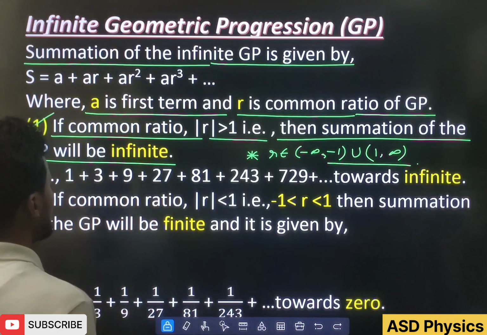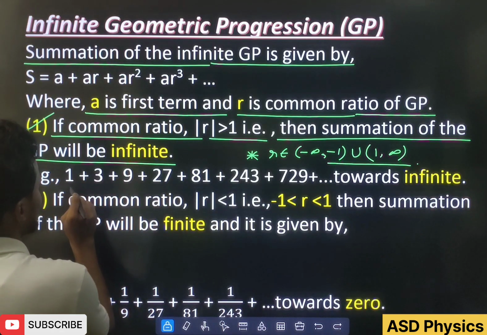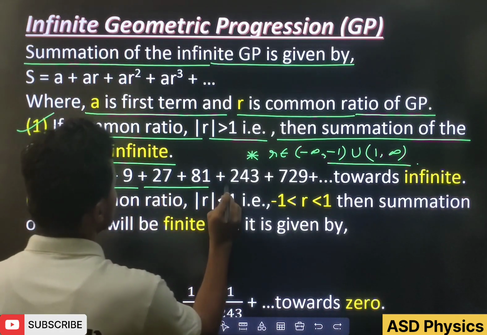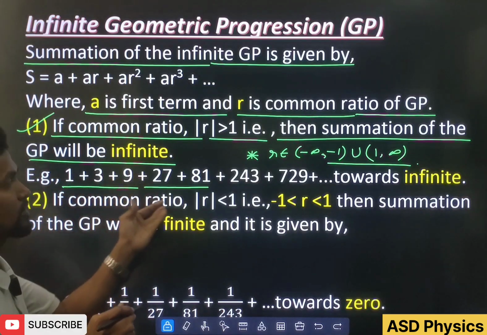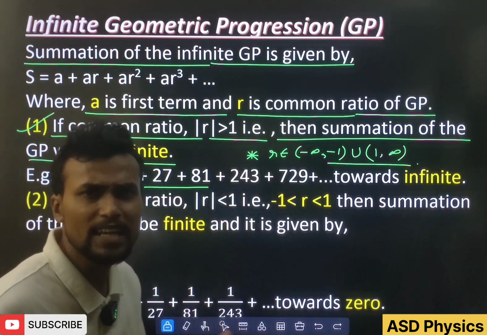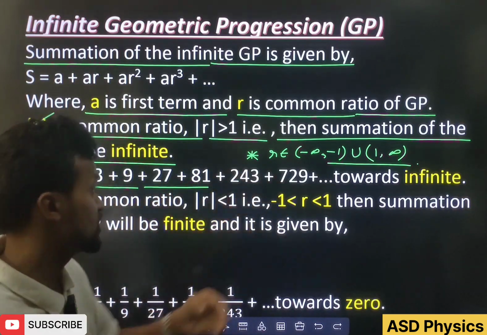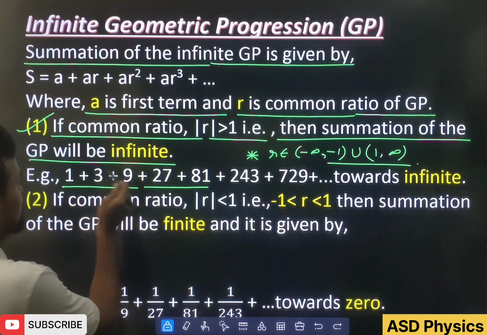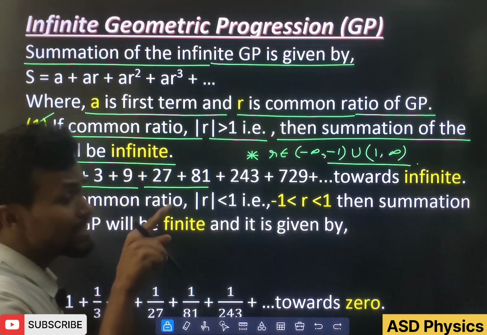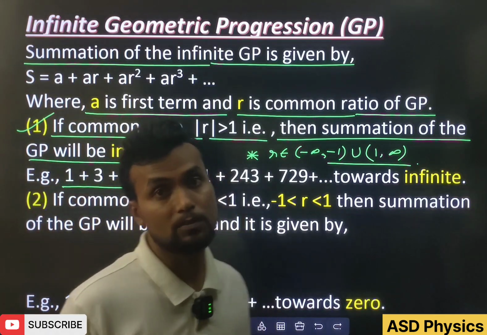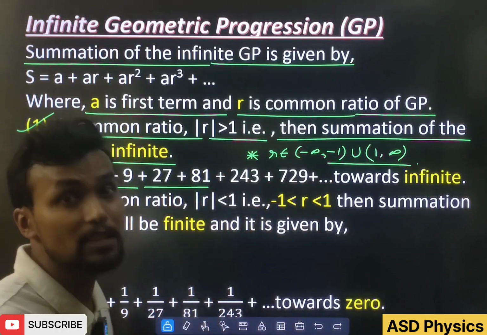Kindly see, I have taken some examples. 1 plus 3 plus 9, 27, 81, 243, 729, I want to add. This is a GP, because 3 by 1 is 3, 9 by 3 is 3. R means the common ratio, the second term by the first term, or we can say the nth term by the n minus 1th term.